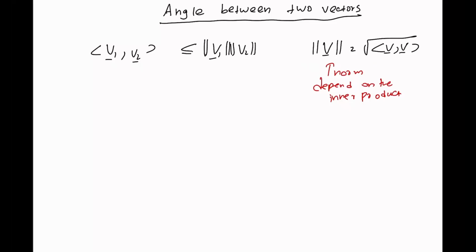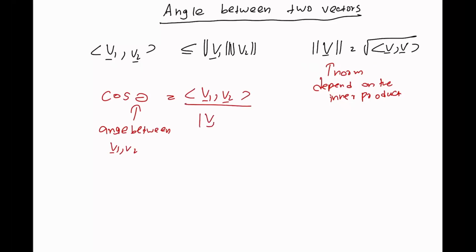So then you have the angle between those two vectors, something like this. We can define the angle between v1 and v2 using v1 dot v2 divided by v1's norm times v2's norm.